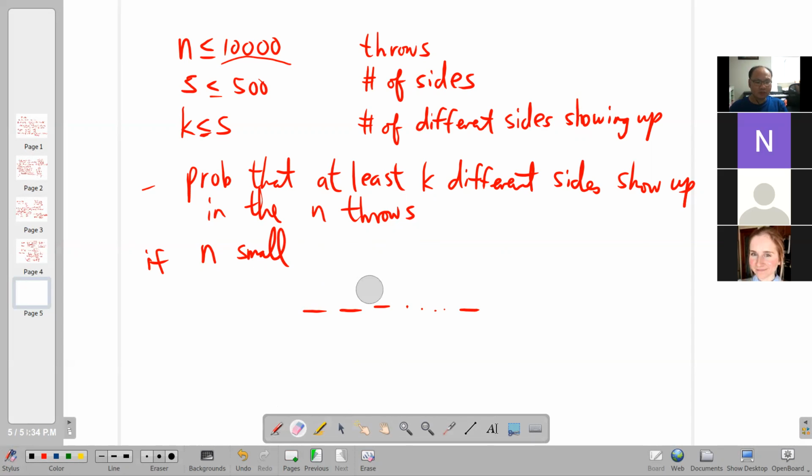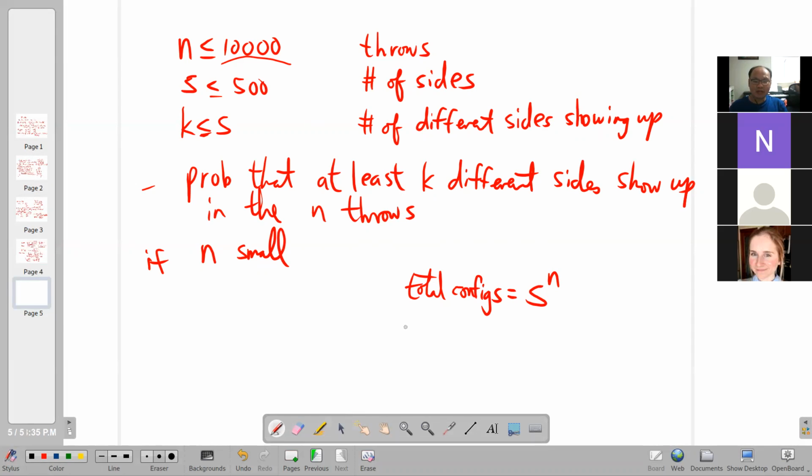So what should we do? The total number of throws is S to the n. That's the total configurations you can see.